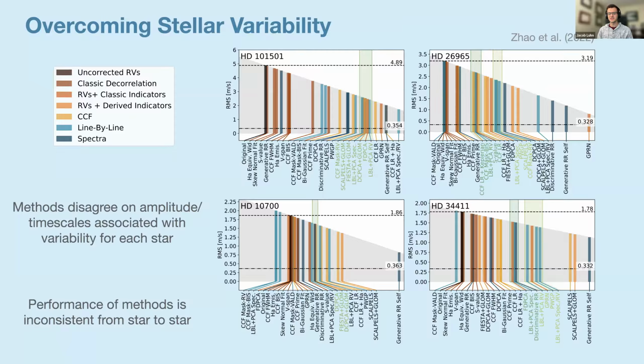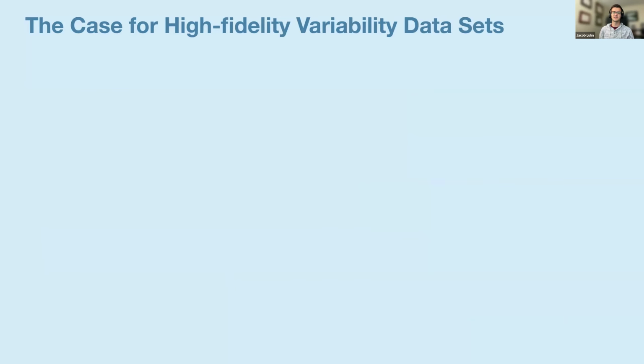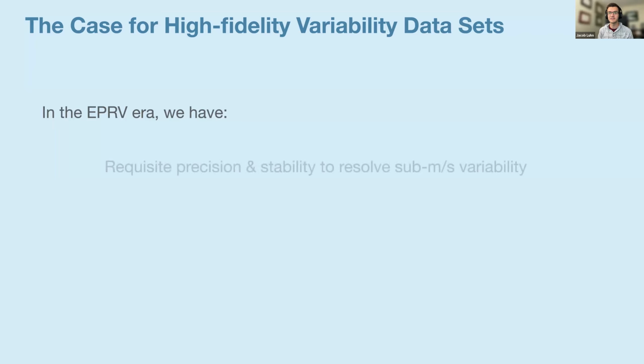And so that outlines the case for some of these high fidelity variability data sets where we don't necessarily know the answer in the back of the book 100%, but with well-resolved time signals where we sampled the sources of stellar variability, those timescales, we have very strong priors on the types of variability present. And particularly the time is ripe for these types of data sets. In the EPRV era, we have the requisite precision and stability to resolve very low amplitude signals.